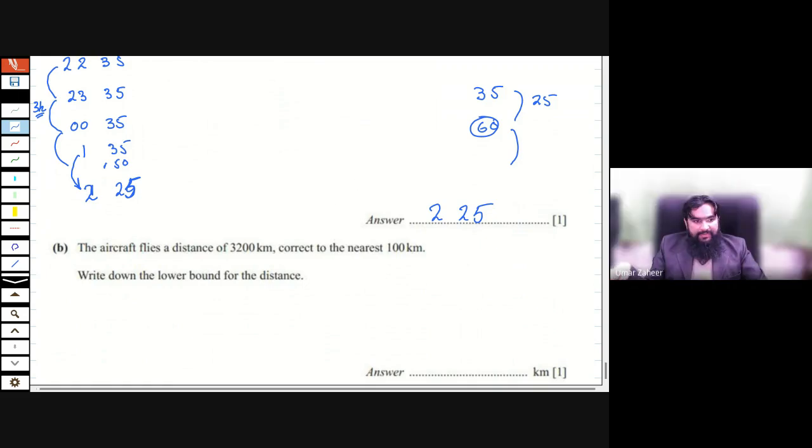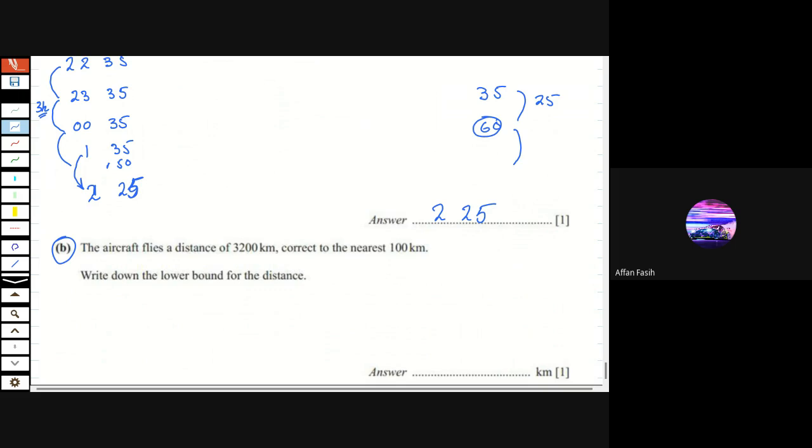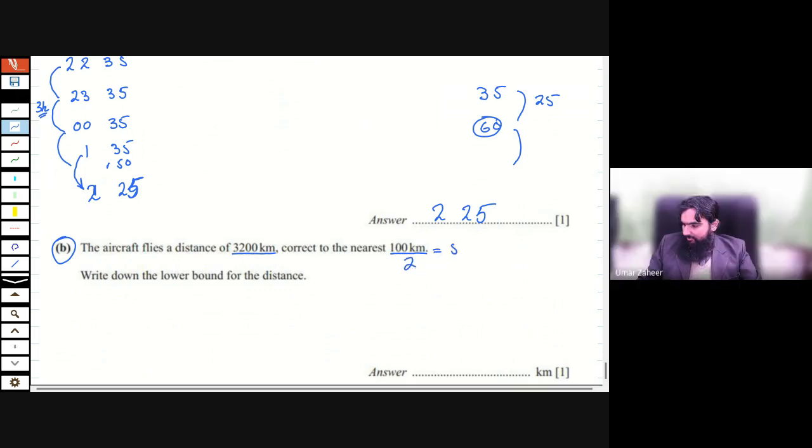Afan, please read the next part. The aircraft flies a distance of 3,200 kilometers, correct to the nearest 100 kilometers. Write down the lower bound of the distance. 100 divided by 2 is 50 kilometers.